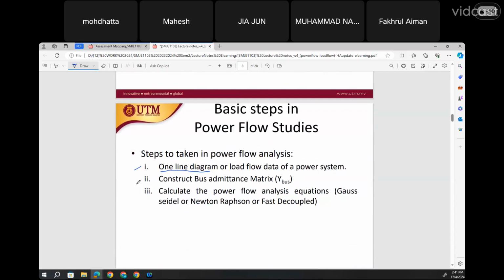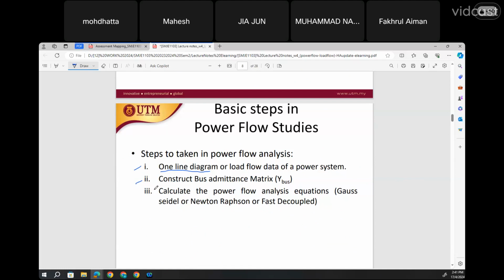And number two, we need to construct the bus admittance matrix, or form a matrix from the network, the power system network itself.